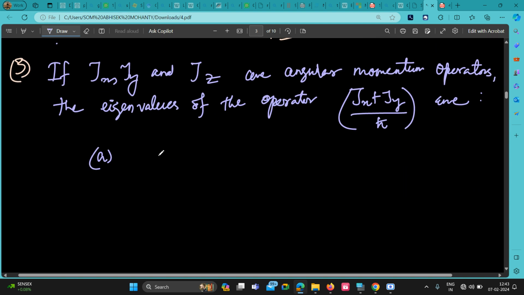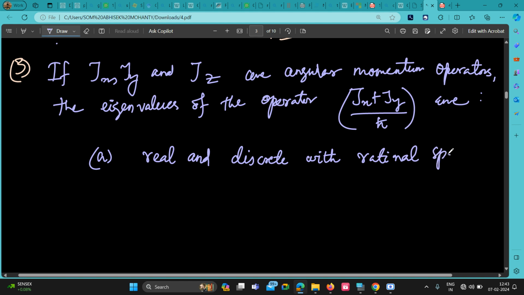Option A: real and discrete with rational spacing. Option B: real and discrete with irrational spacing.